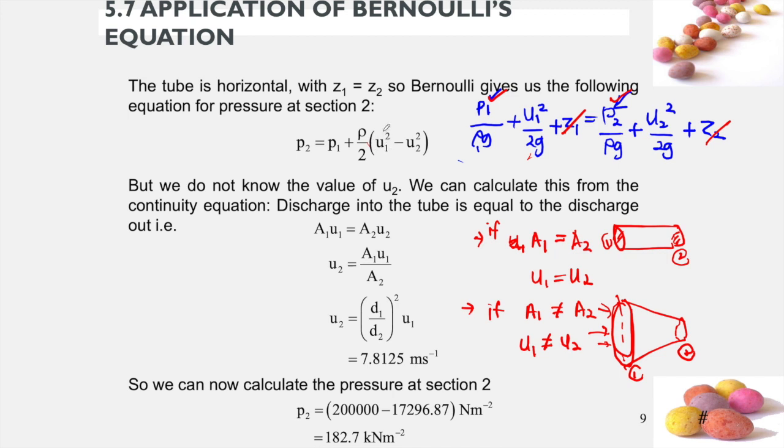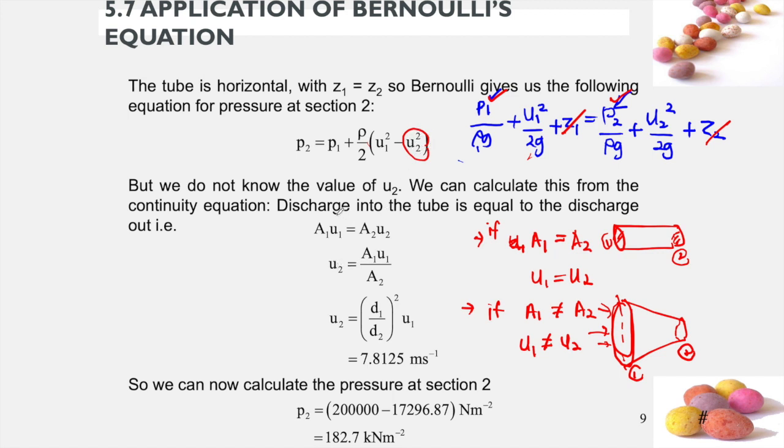The value of U1 is already given. Therefore, you need to change U2. You don't want these terms, and you want to substitute in terms of U1 in your equation. Now in this question, we have U1, therefore we have to change this U2.